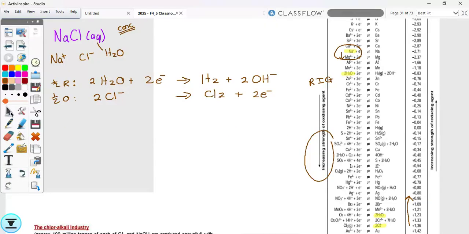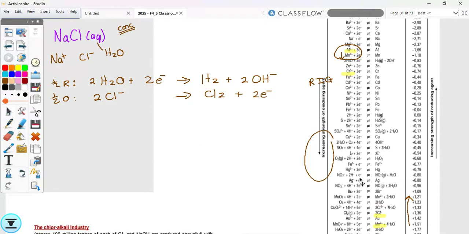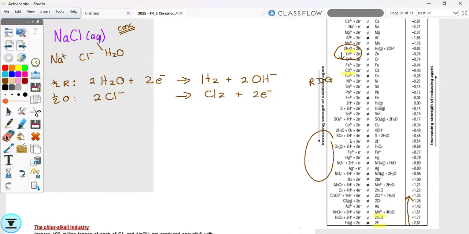Let's just look at fluorine here. Fluorine is all the way down here. So if you want fluorine to pass water, it has to go all the way up there, which is way too far. Can't do that because of the other factors.